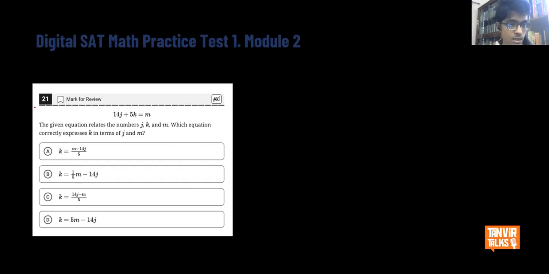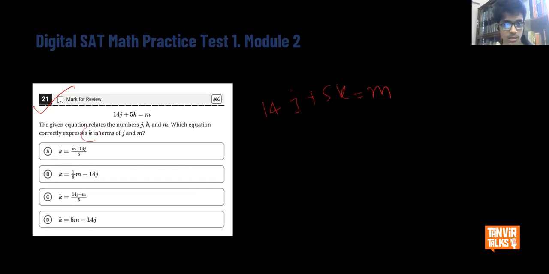Okay, here it says: the given equation relates the numbers j, k and m. Which equation correctly expresses k in terms of j and m? So basically k has to be on the left side, and j and m will be on this side. Okay, so 14j plus 5k is equal to m.